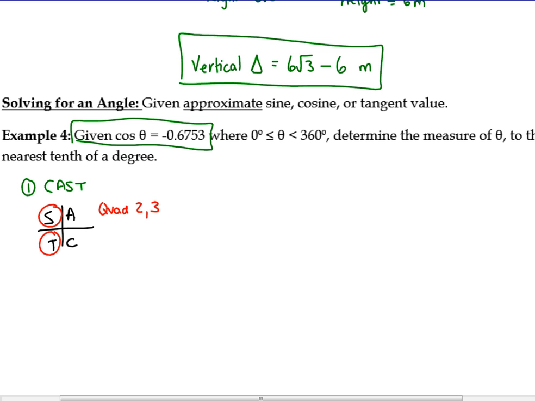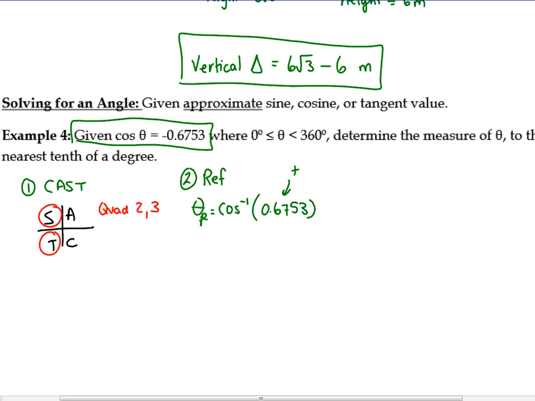Second step, find your reference angle. If it's approximate, not an exact value, we do that by taking the inverse cosine of the positive.